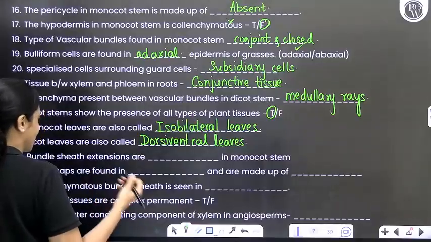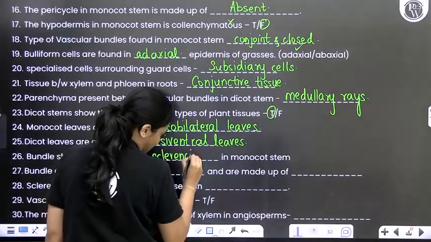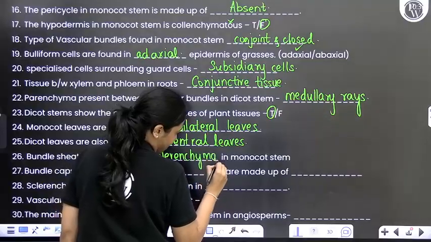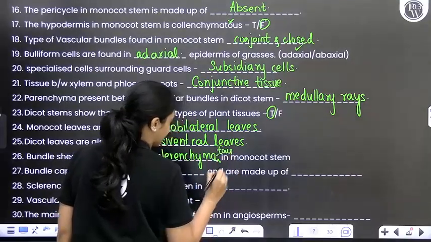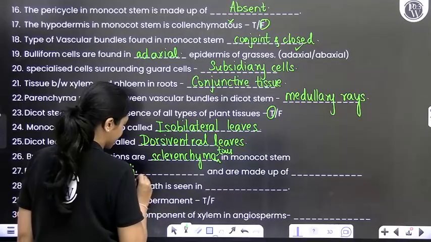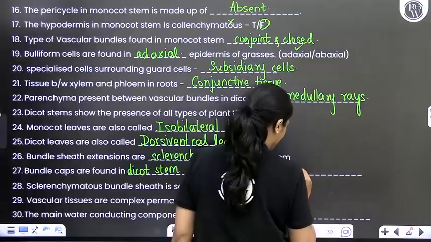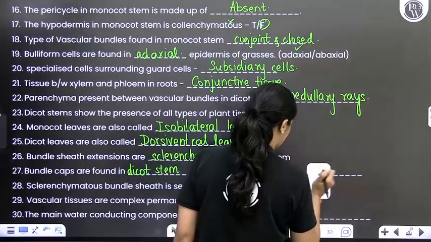Bundle sheath extensions are sclerenchymatous. Bundle caps are found in dicot stem and they are made up of parenchyma. Sclerenchyma.